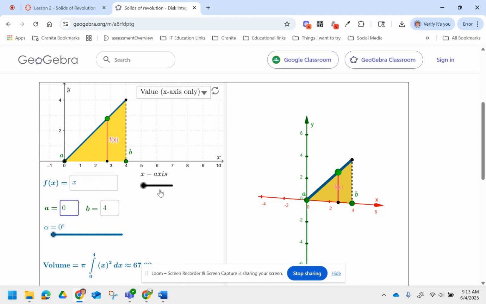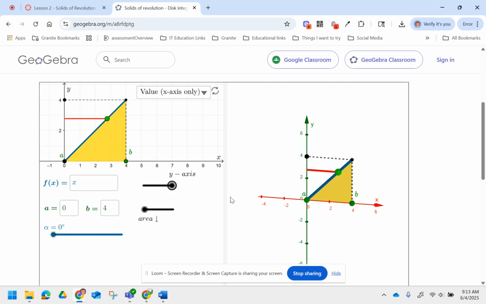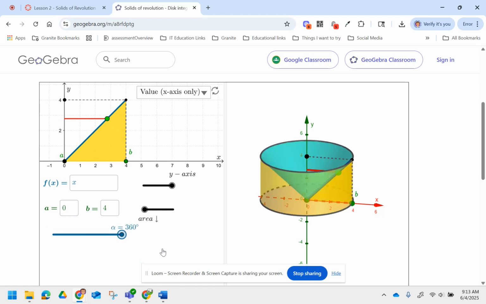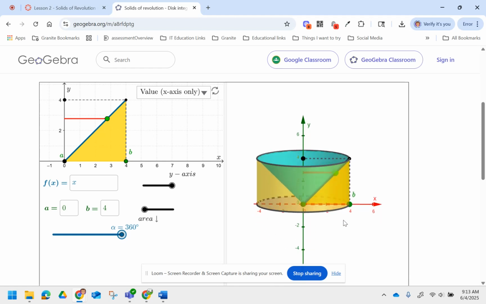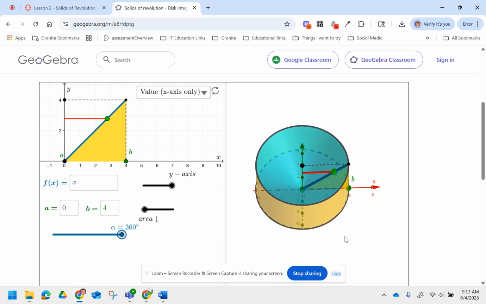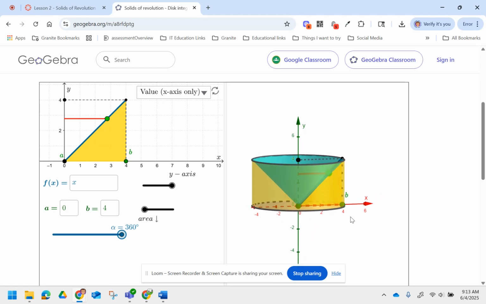All right, so if I now do it across the y-axis, you'll notice we kind of have a cylinder-looking thing, but with a cone taken out of the top.